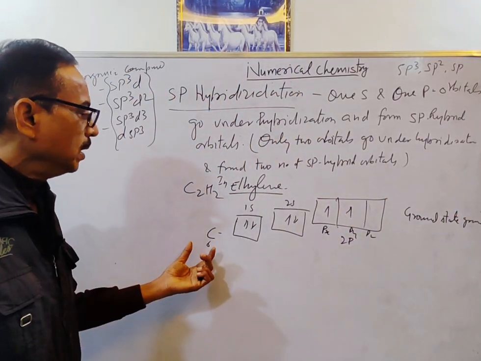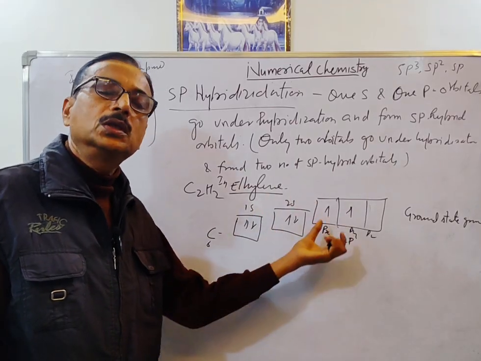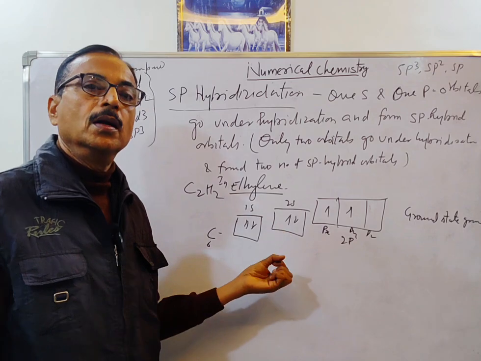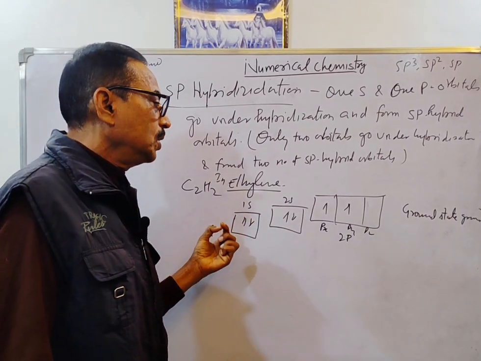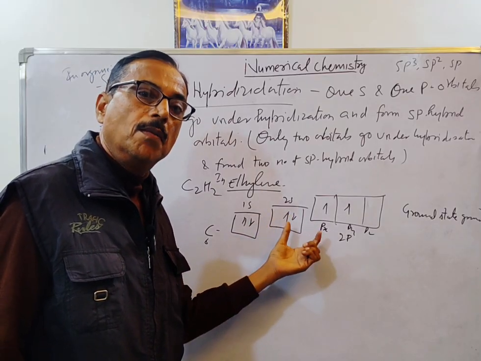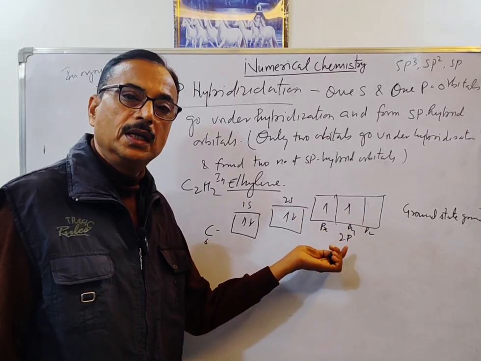Carbon, or any element, before bond formation goes to the excited state. After that it forms the bond, but it is found that the structure and bond length of the bonds involved in the bonding have different energy.